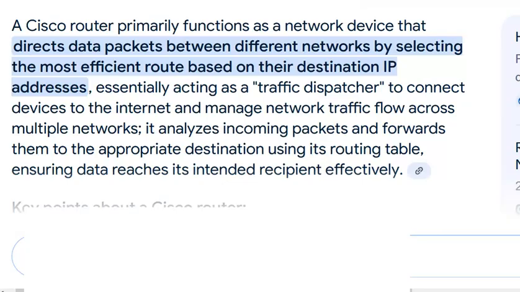So here, what is a general function of a Cisco router? A Cisco router primarily functions as a network device that directs data packets between different networks by selecting the most efficient route based on their destination IP addresses, essentially acting as a traffic dispatcher to connect devices to the internet and manage network traffic flow across multiple networks.